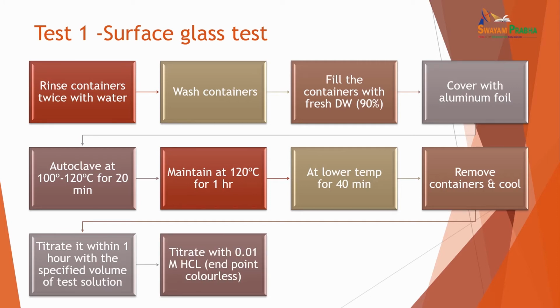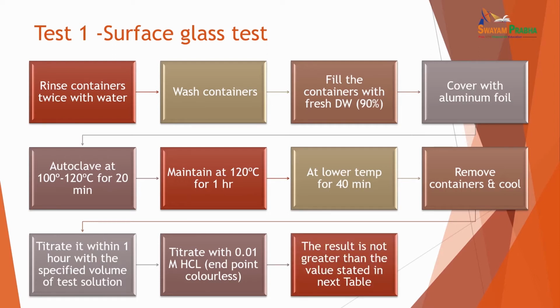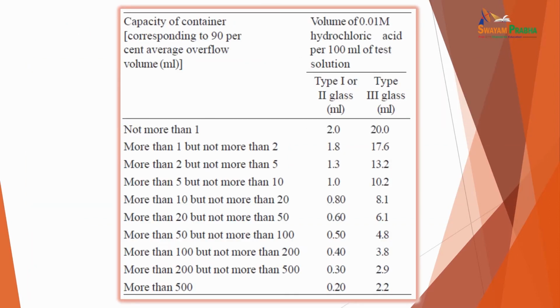Titrate with 0.01 M HCl and the endpoint should be colorless. So this was the surface glass test, and the result should not be greater than the value stated in the table which we are going to discuss here. So this is the table.